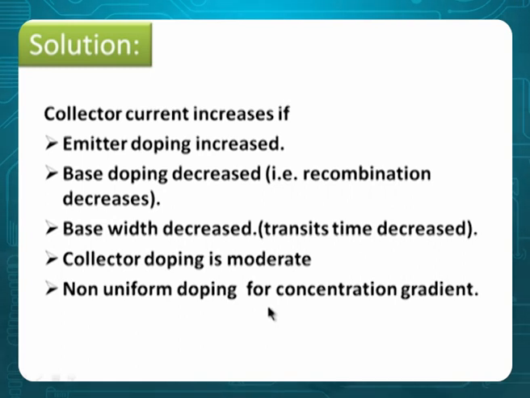When doping is uniform there is no concentration gradient. If the doping is non-uniform, a concentration gradient is there, and they easily move. So totally, I have given you 5 ways that you can increase collector current.